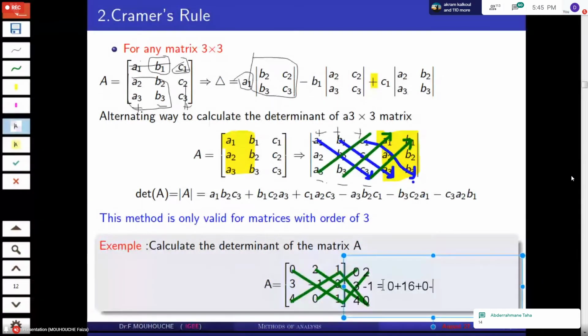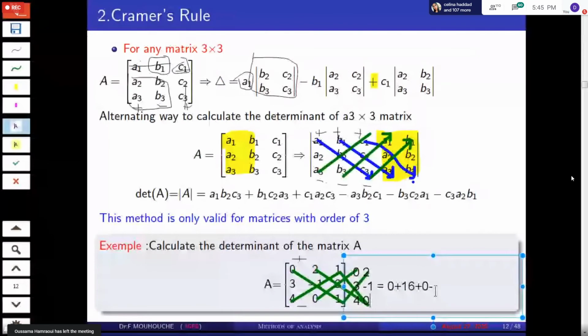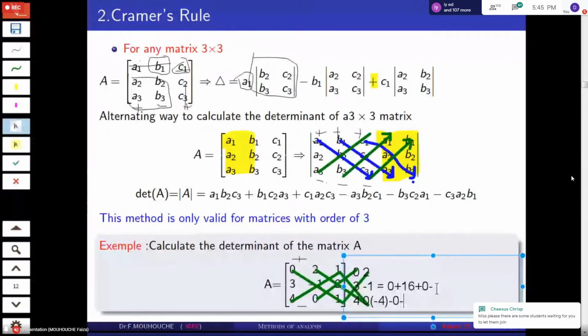Then here we have plus and here we have minus: minus 4, minus 0, minus 6.